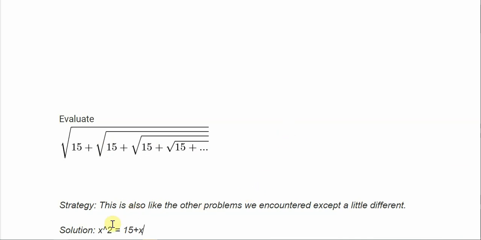Let's use the quadratic formula. This is getting really quadratic. x squared minus x minus 15 is equal to 0. And the answer you will get after using the quadratic formula is 1 over 2 plus root of 61 divided by 2.